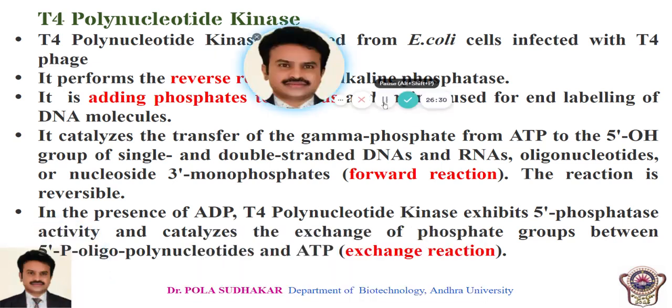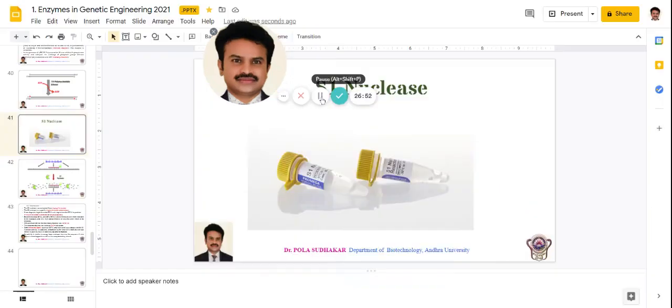In the presence of ADP, T4 polynucleotide kinase exhibits 5' phosphatase activity and catalyzes the exchange of phosphate groups between a 5' P oligo polynucleotide and ATP. This is called exchange reaction.